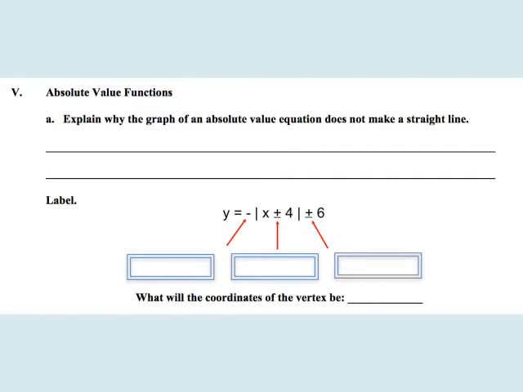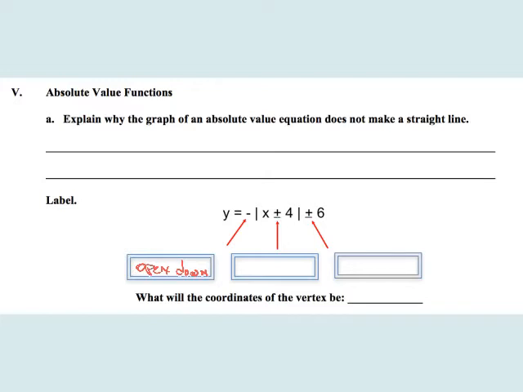And I want to say that the first symbol, the negative symbol here, would make the V open down. Otherwise, if there were no negative sign, it will always open upward in a V.